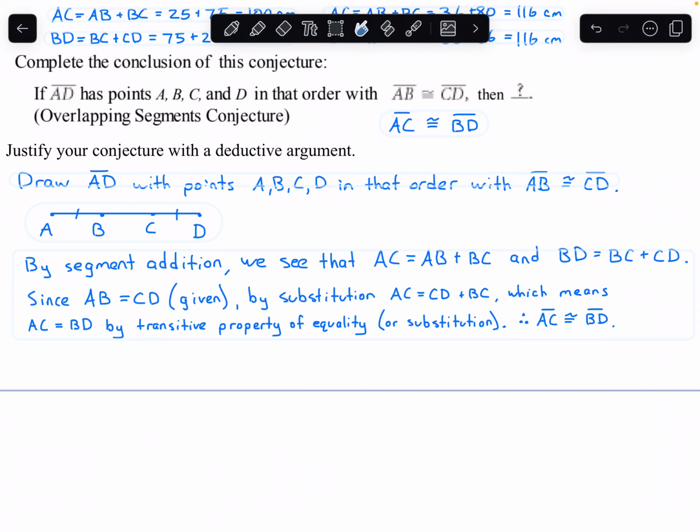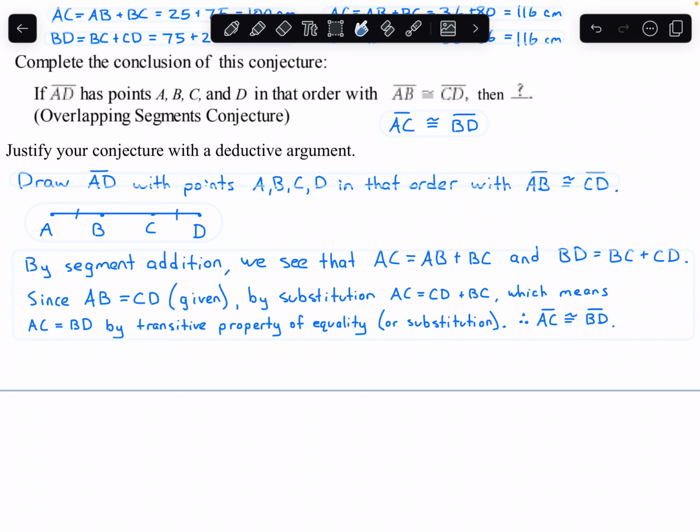By segment addition, we see that length AC equals length AB plus length BC, and length BD equals length BC plus length CD. Since AB equals CD, that was given as the congruent segments above, but by definition of congruence, the lengths are equal.